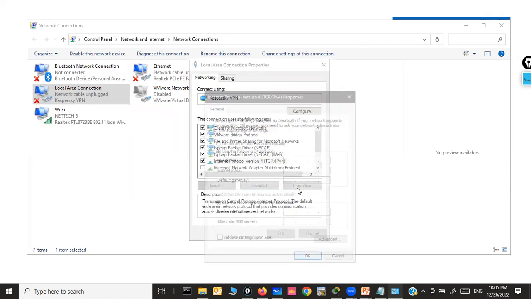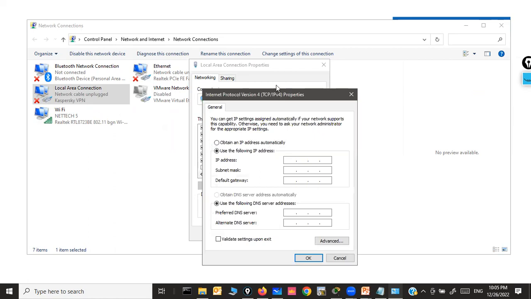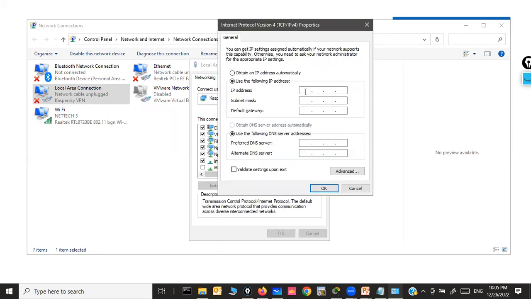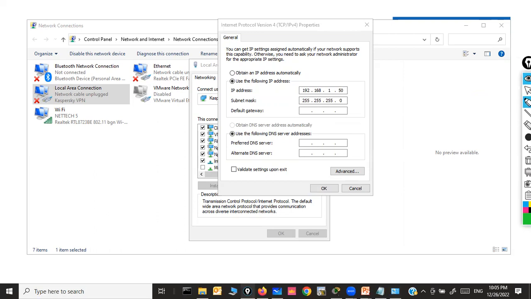If I give any address here, and hit the tab key on my keyboard, or click with the mouse, look at this, the next portion. What is it? Subnet mask, right?